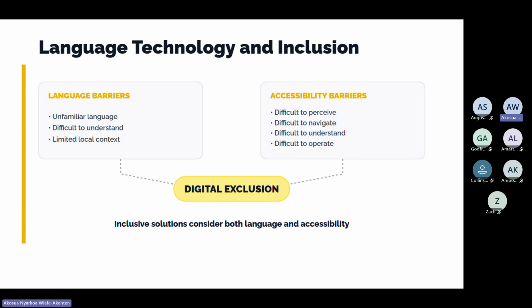So a user typically would struggle to use that system. Let's say the Ga community, a community where we have Ga speakers, and there's a technology that is in English. Although the technology could be solving a problem that they have, they wouldn't be able to really use it as it should, just because it is in a language that they do not understand.